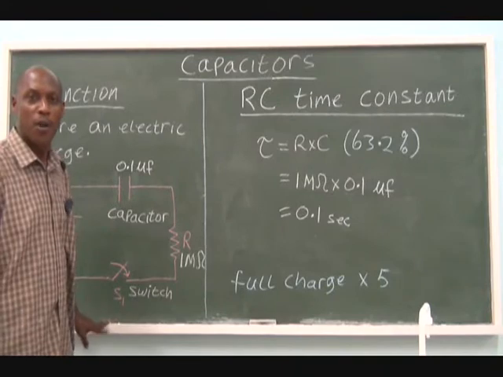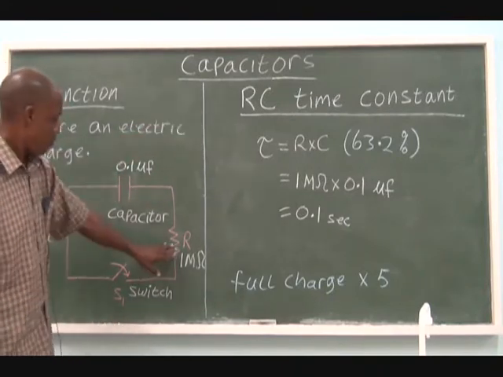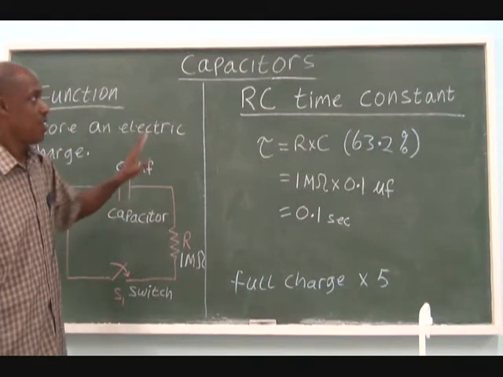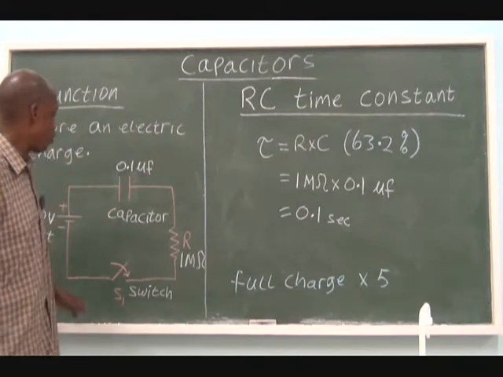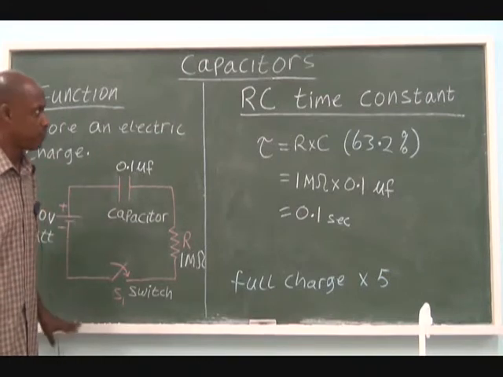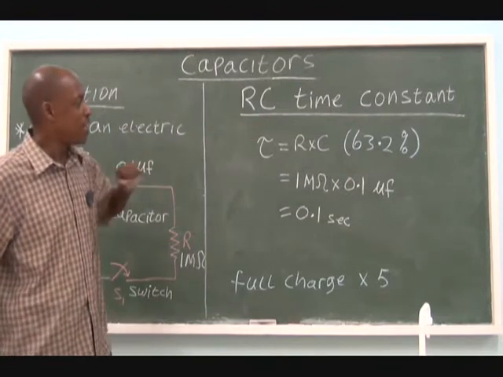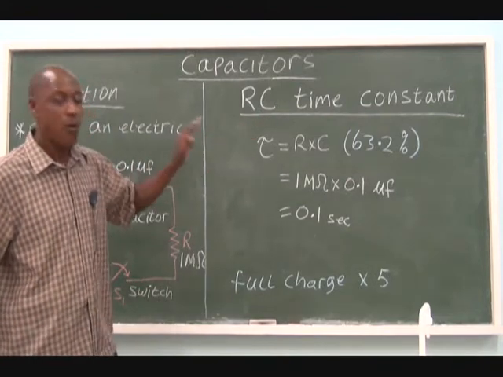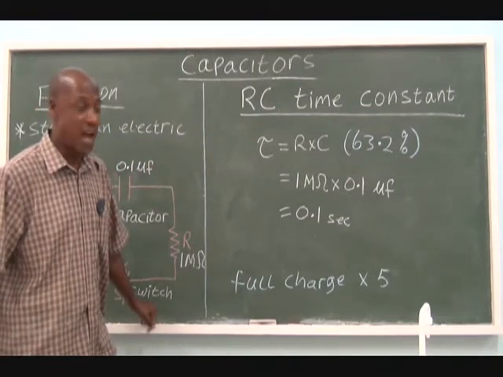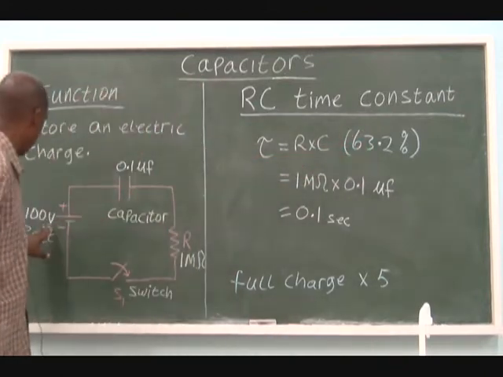We are talking now about our RC time constant. RC means resistor, capacitor, time constant. How long does it take this capacitor to charge? Our time constant tells us how long the capacitor is going to take to charge to 63.2% of the source voltage.